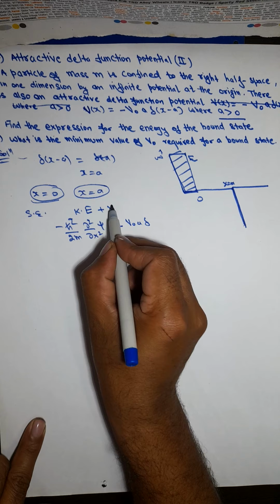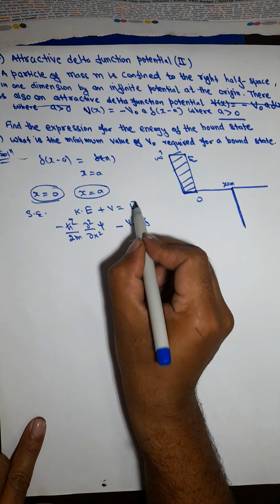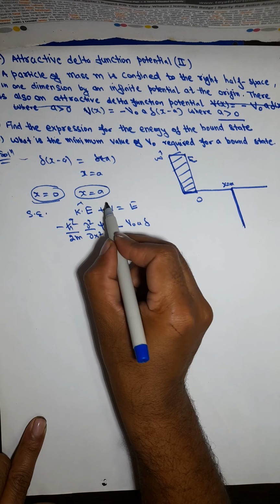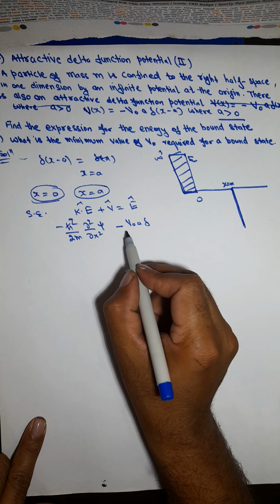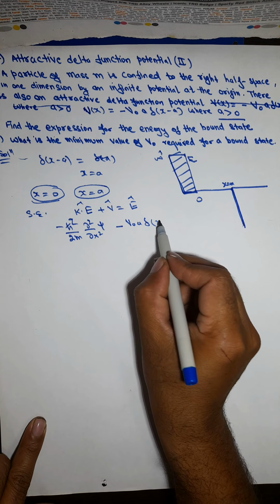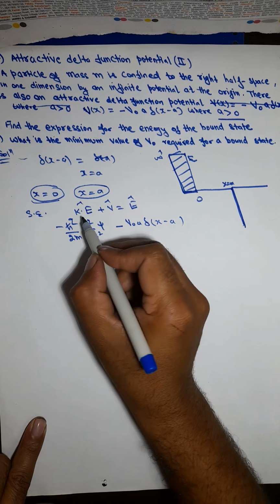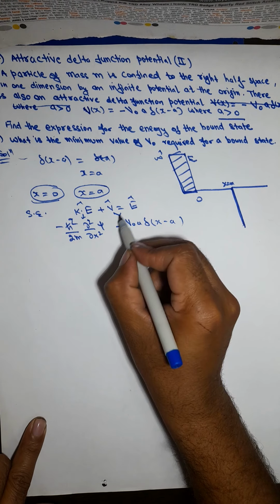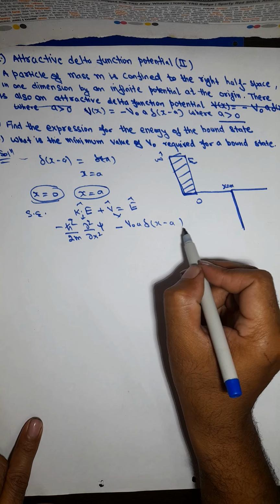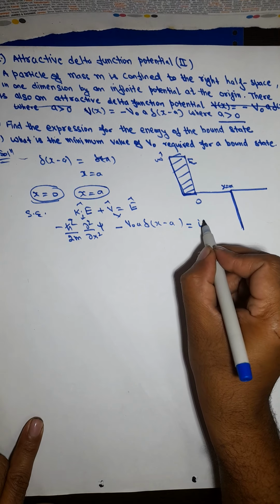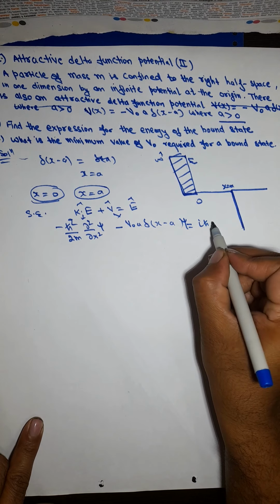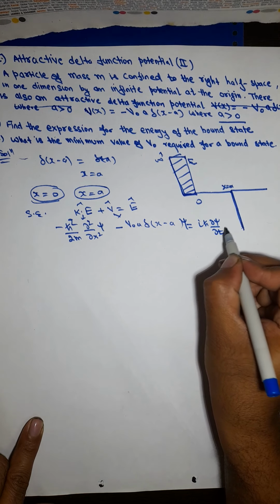This is the kinetic energy operator plus the potential energy operator equal to the energy operator, so minus V0 a δ(x - a) psi equals i h-bar, d psi by dt.